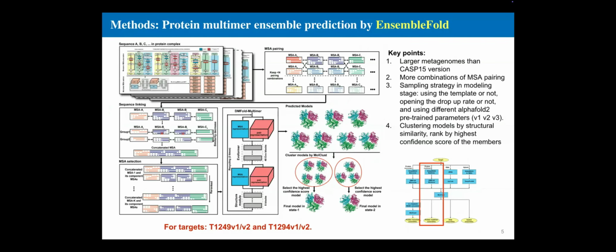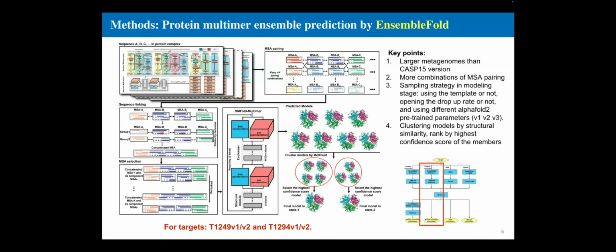For the protein monomer ensemble target modeling, we use the DMFold monomer pipeline that we developed in the previous CASP. But this time we slightly changed the pipeline to improve the performance for modeling ensemble targets. First, in the MSA generation step, we enlarged our in-house metagenome database this year.